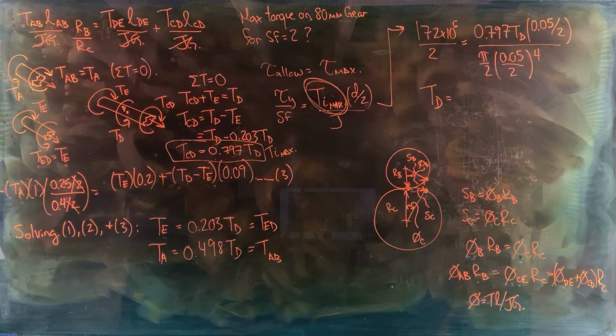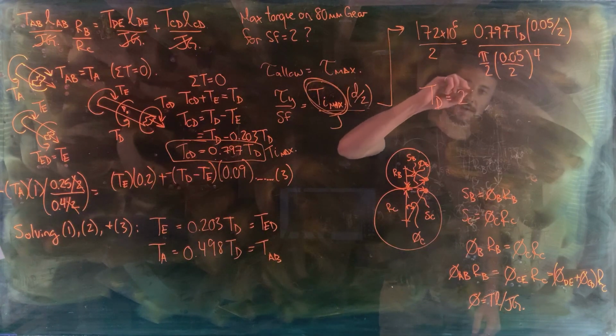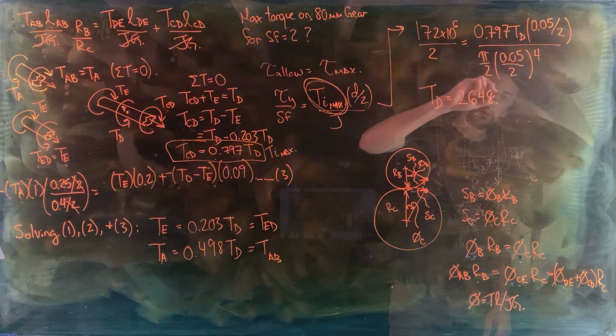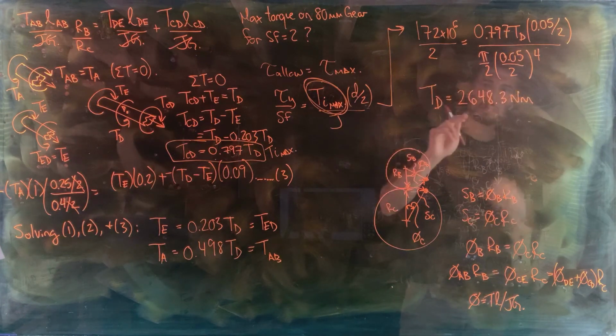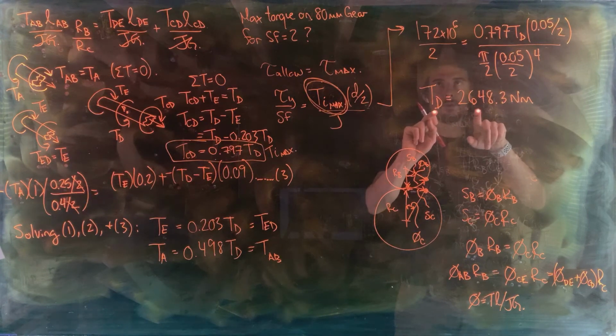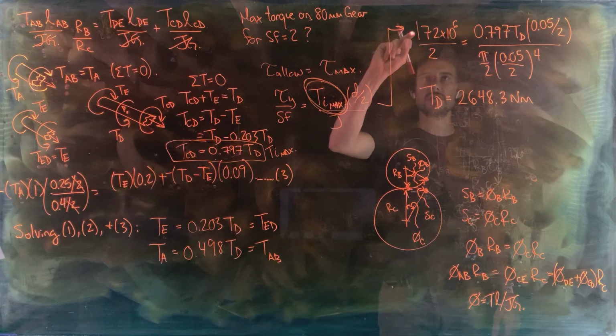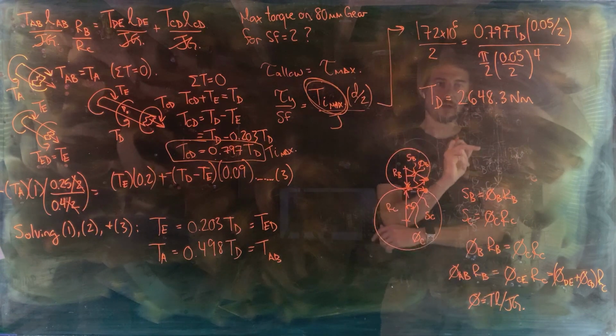So let's see what we get for an answer for that. 2,648.3 Newton meters. That's the largest value that you can apply to that gear at D, the 80 millimeter gear, before your maximum stress in those two shafts reaches 172 divided by 2 megapascals.